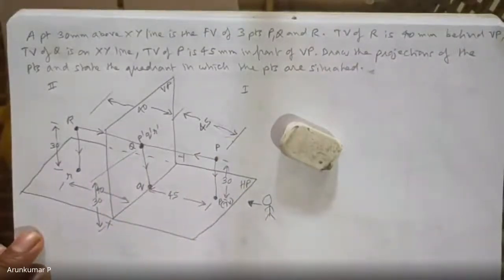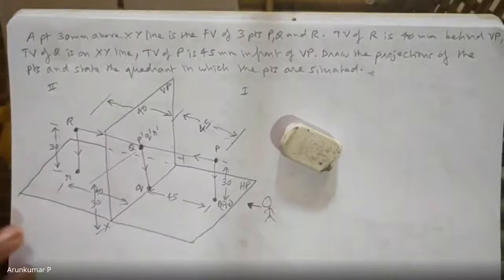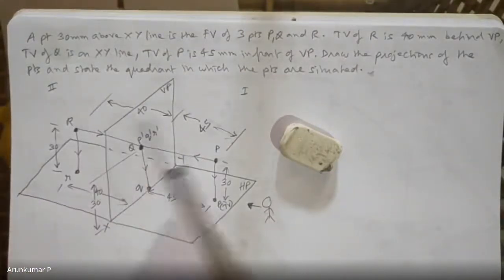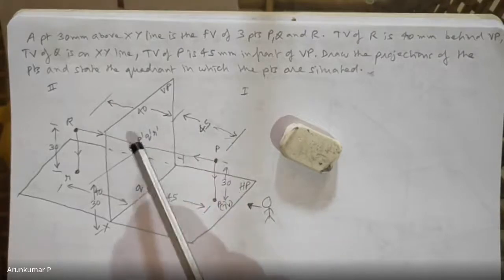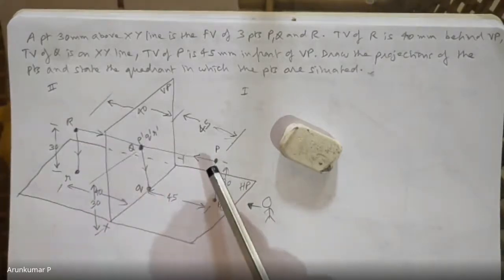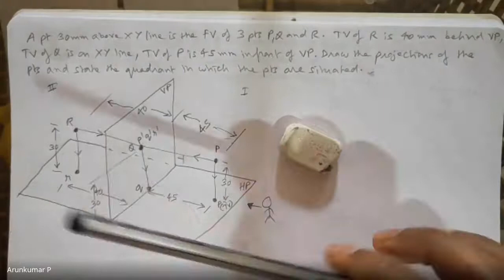Is that 40 mm? So what does this show? This shows that P, Q, and R, the 3 points, are like one behind the other.